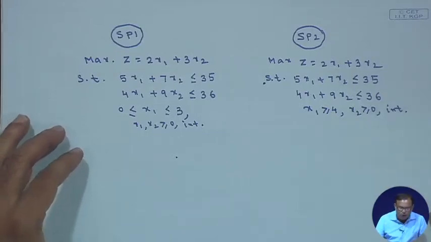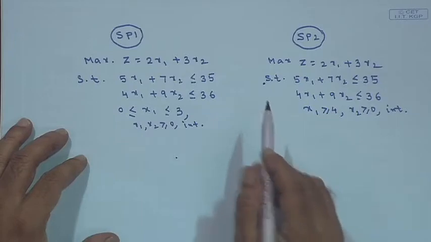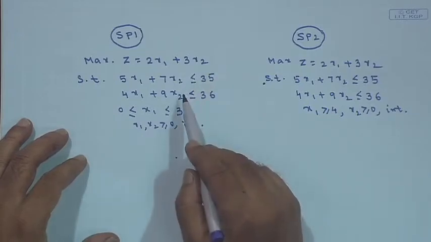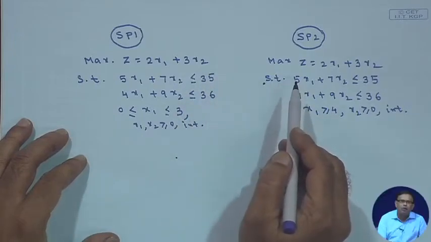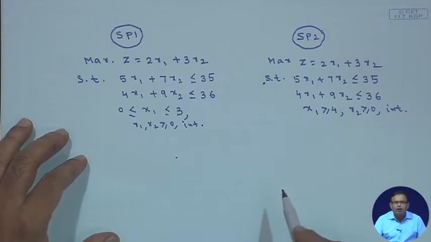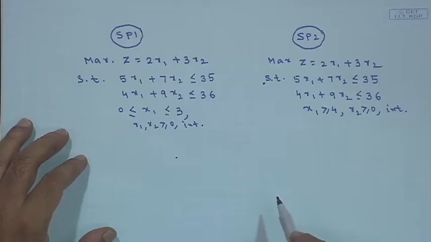So, now what you have to do? You see, the original problem I am dividing into two subproblems, and we are dividing it on the basis of the lower bound and upper bound of the non-integer variable. If in the solution I have variables whose values are non-integer, from there I will choose the variable which has the larger fractional value.